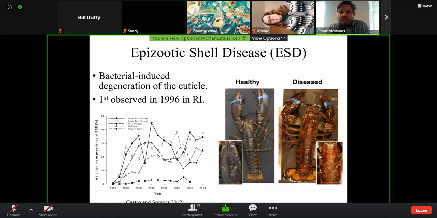It was first observed in 1996, so towards the peak of the spawning stock biomass for the southern New England stock, and first observed in Rhode Island both by state scientists and the industry.